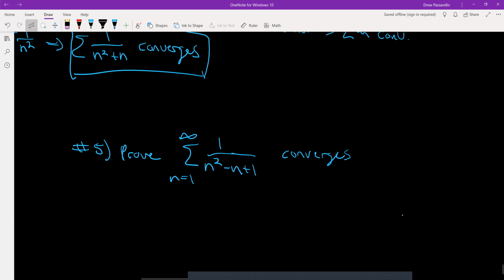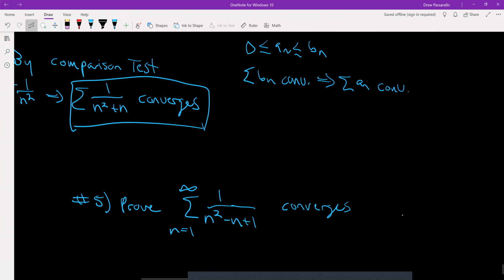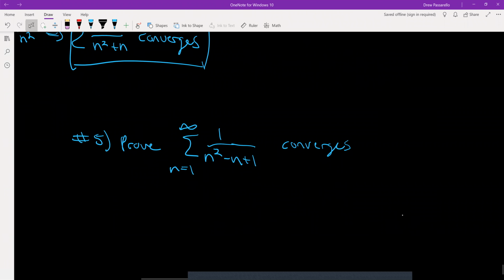All right, and proof of 4, we compared to 1 over n squared, but note that, let's say if n is 1, right, so n squared minus n plus 1, that's equal to 1 minus 1 plus 1, which is 1.